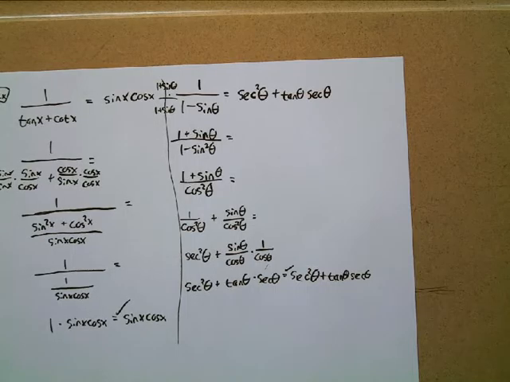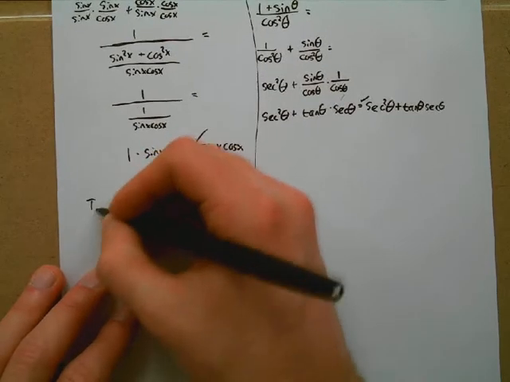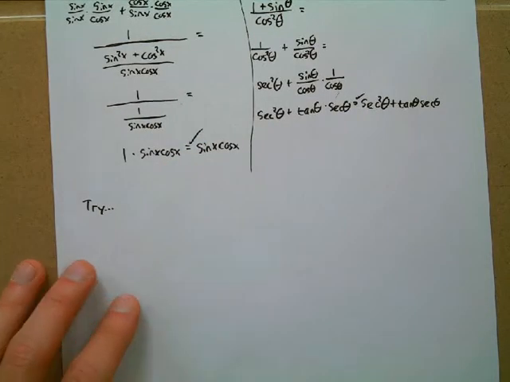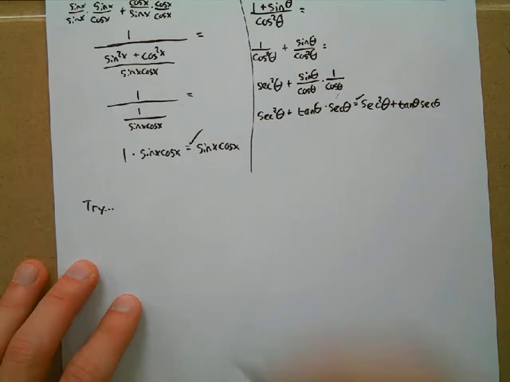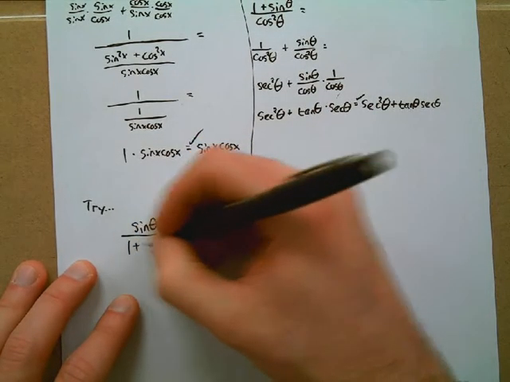Alright, so you all try this one here. Sine theta over 1 plus cosine theta plus a cotangent theta, excuse me, equals cosecant of theta.